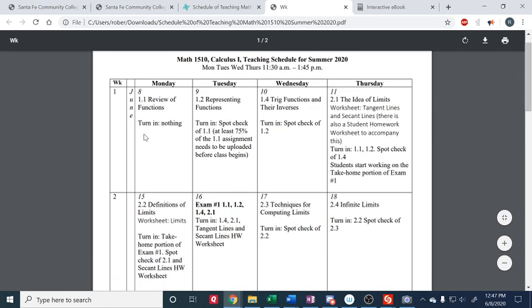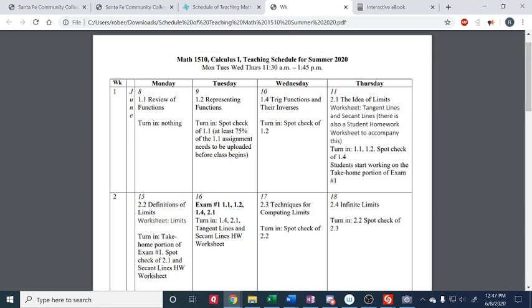So we see that today 1.1 is assigned, and you're turning in nothing. And then on Tuesday, tomorrow, we're going to be covering 1.2. What you're going to turn in is the spot check of 1.1. At least 75% of 1.1 assignment needs to be uploaded before class begins, before 11:30.